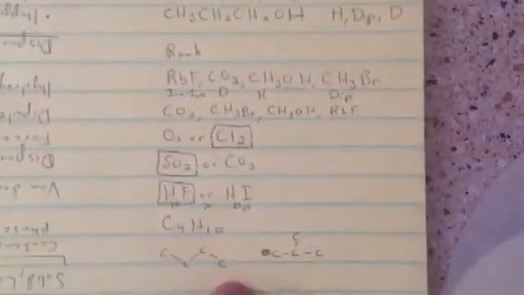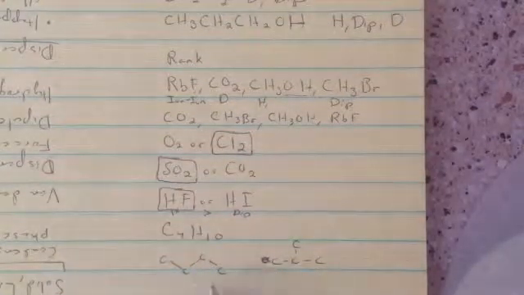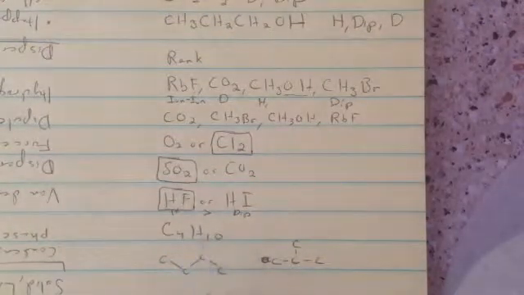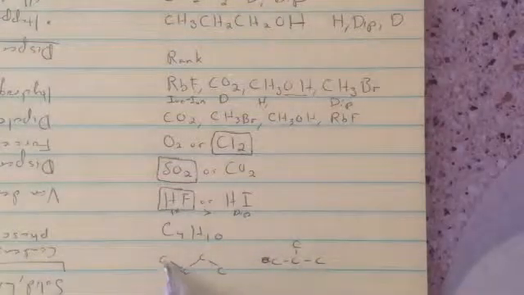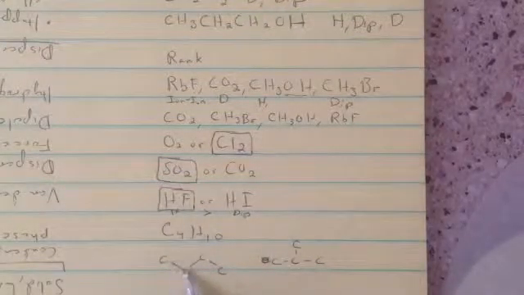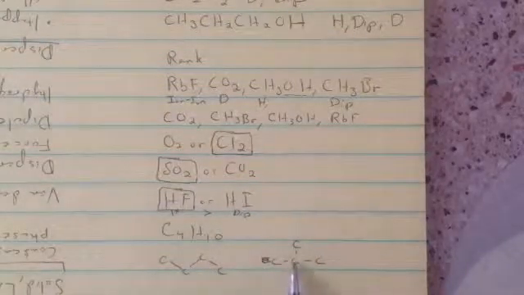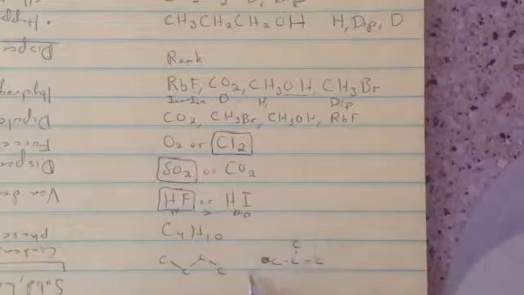And finally, C4H10. These are called isomers, where the formula is the same, but they're structurally different. So this one is kind of loose or disorganized, whereas this one's very tightly compact, and the H's are just attached to all the C's.